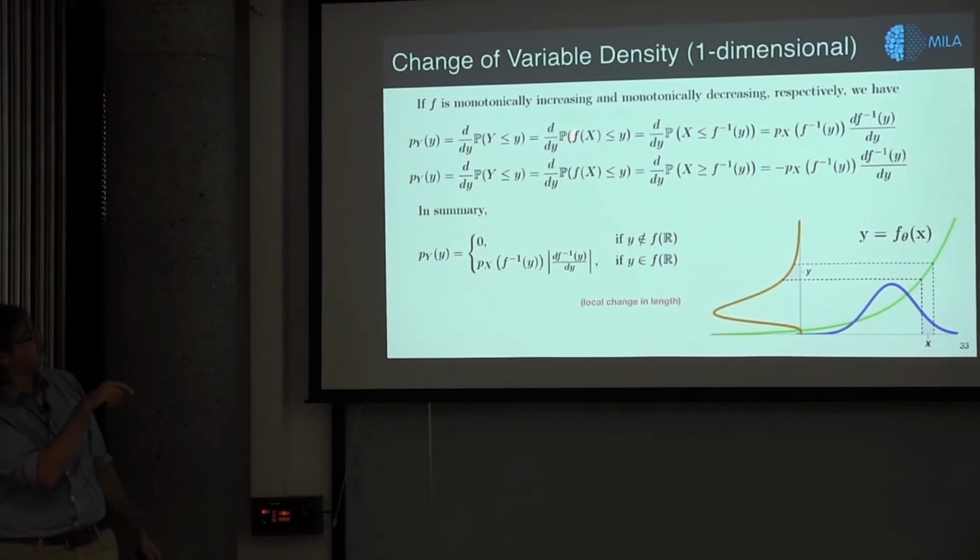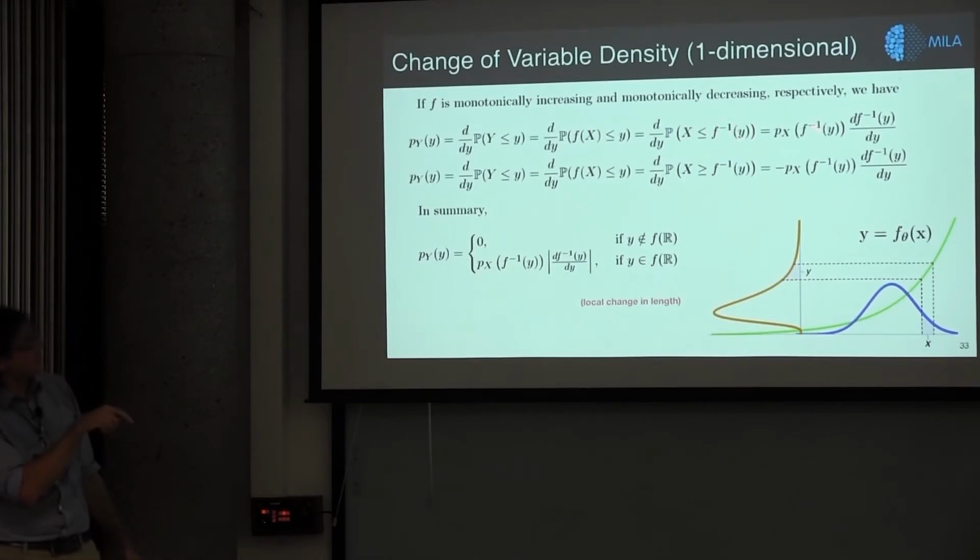It's just the push forward of X here. Now the probability expressed in Y space, we can express as the probability measure in X space, where X is less than or equal to the inverse function of Y.